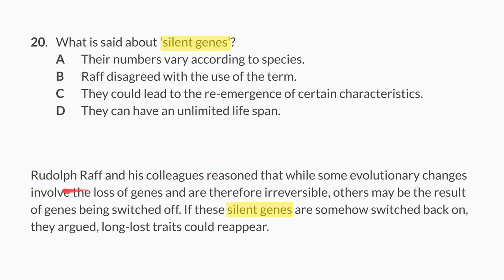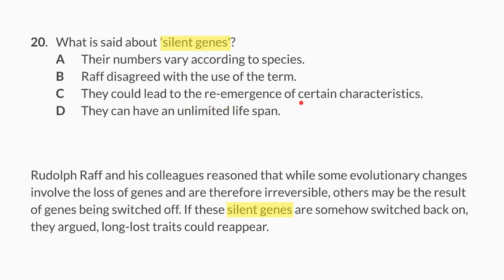So we've already found RAF here. And let's see, what else? I see something about long lost traits that can reappear. Long lost traits. This right here is synonym language for this: re-emergence of certain characteristics.